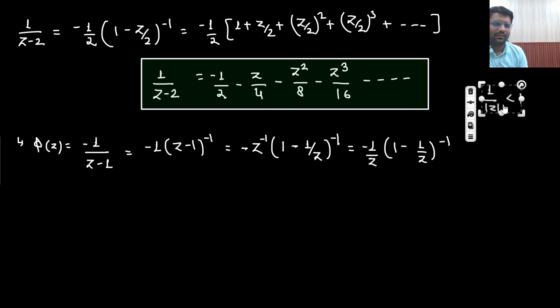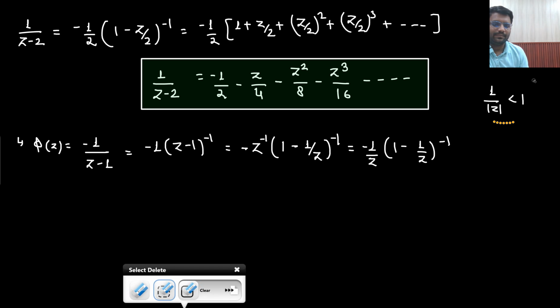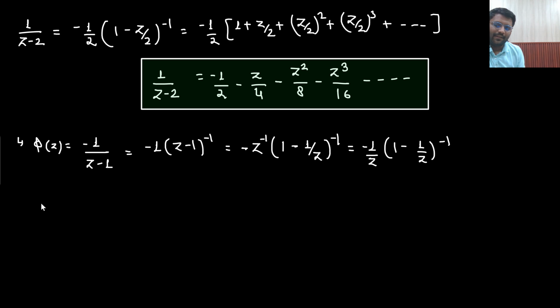Understandable? So your minus 1 upon z minus 1 would be equal to minus 1 by z, 1 minus 1 by z to the power minus 1. Is that clear to you?